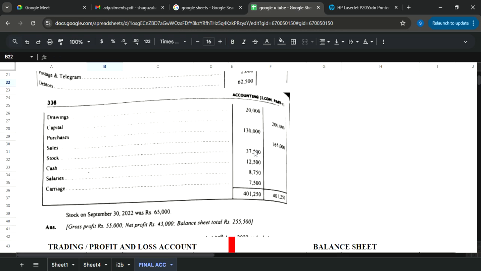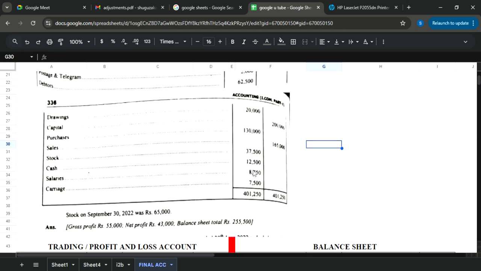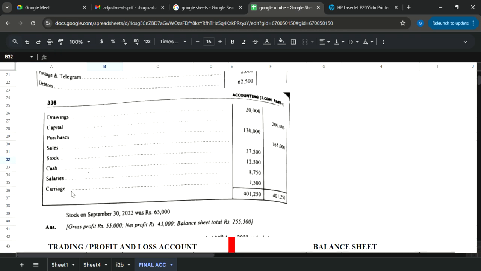The amount of opening stock is 37,500. After stock we have cash, 12,500. Cash is your current asset. 12,500. I'm hopeful that the amount is the same. Yes. After which we have salaries. Salaries, as you know, are an indirect expense, amount of which is 8750.